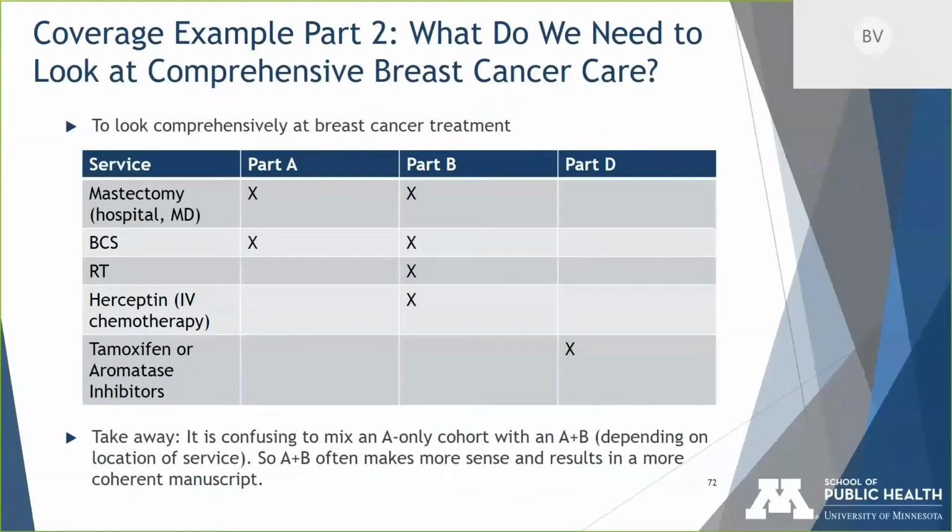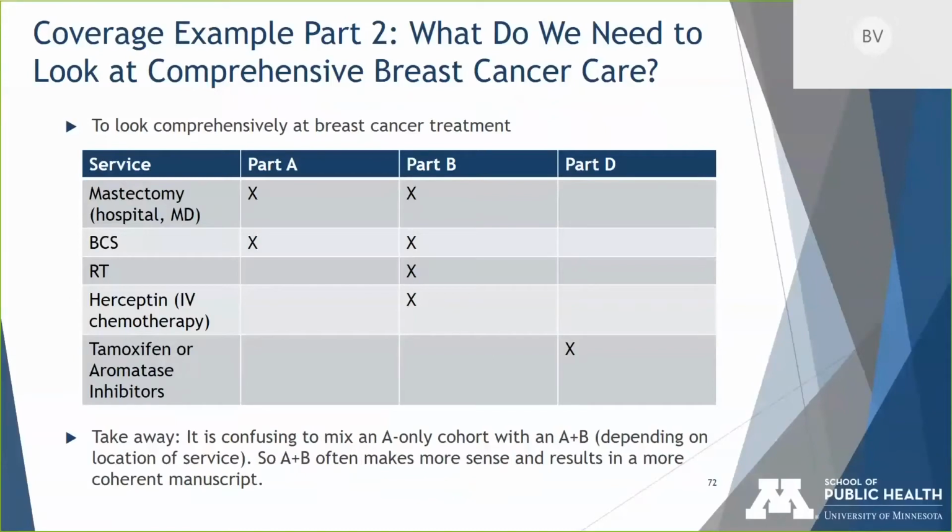Next, you may want to consider other forms of breast cancer surgery, such as a lumpectomy or other form of a local excision. Similarly to what we talked about with mastectomies, you're going to want to have both Part A and Part B coverage.